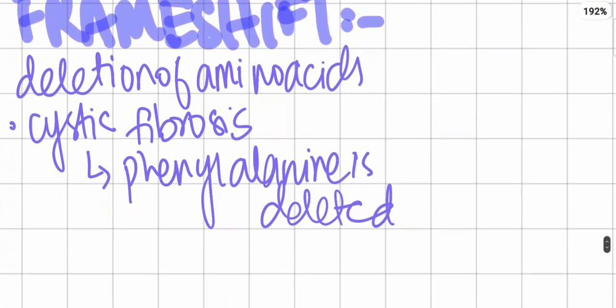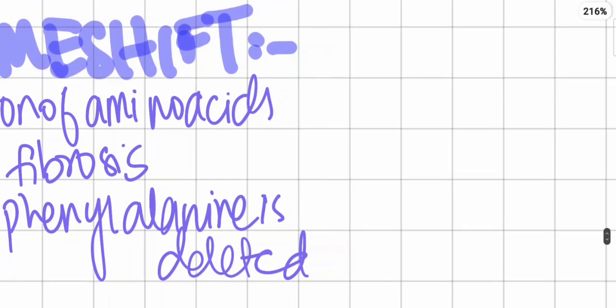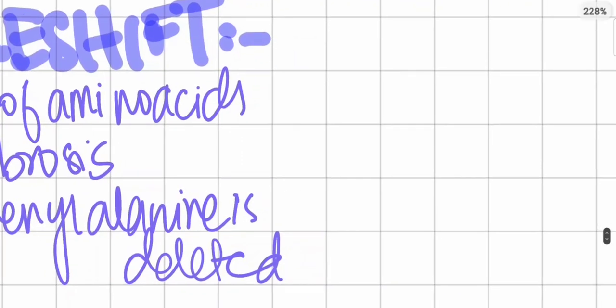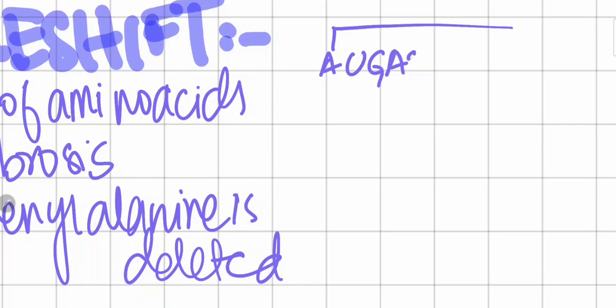Then we have the frameshift mutations. Now in frameshift mutations, I'm going to go over this in slight detail, not too much. I'll tell you, like A, U, G, A, C, U, G, C, U, C, G, like that, right? Let's keep this one.